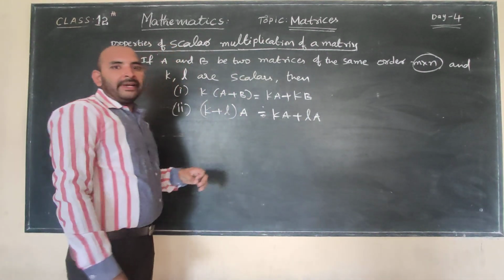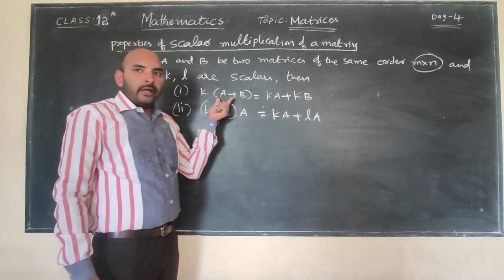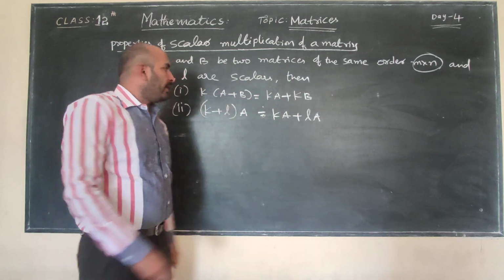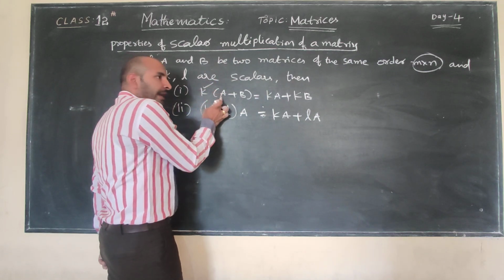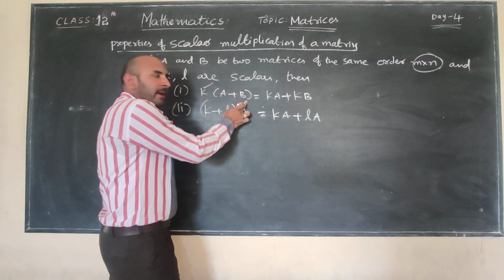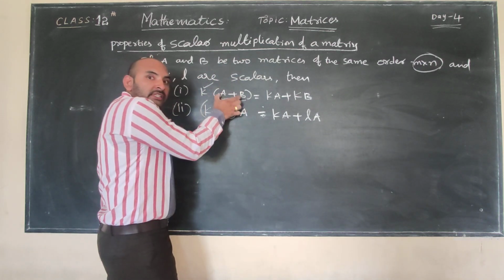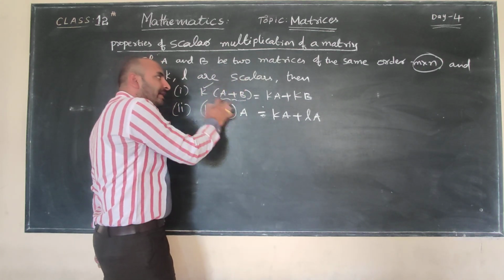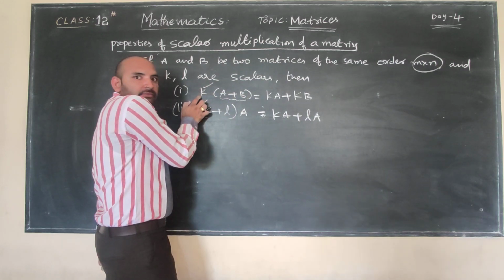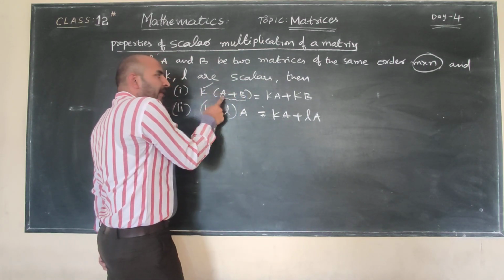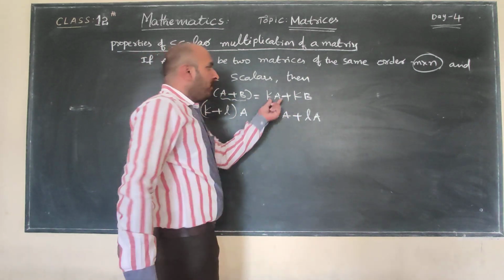Then property 1: K of (A plus B) is equal to KA plus KB. K is one scalar, A is one matrix, B is another matrix. First find the sum of these two matrices, which is then multiplied by the scalar. K of (A plus B) is equal to K into A plus K into B. What is on the right hand side?